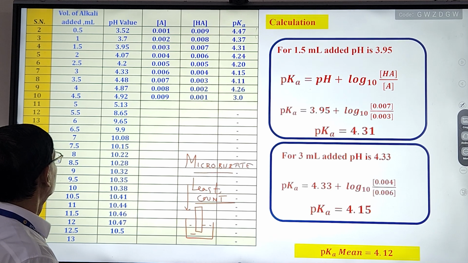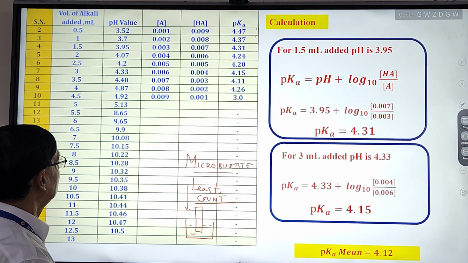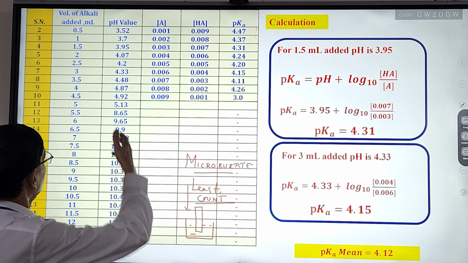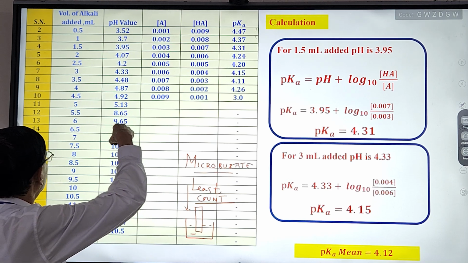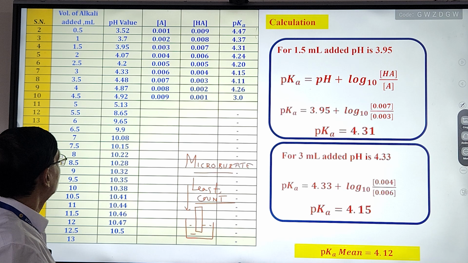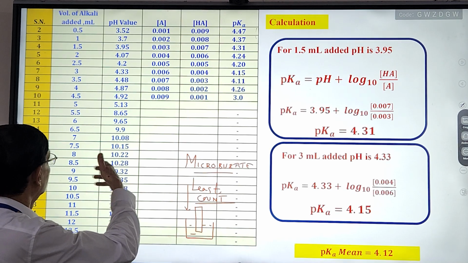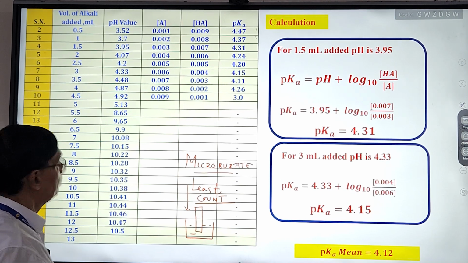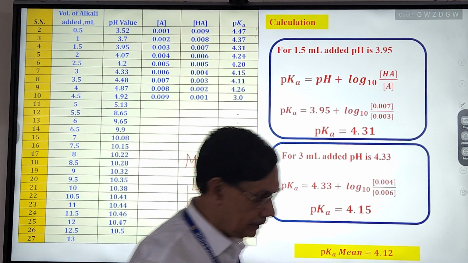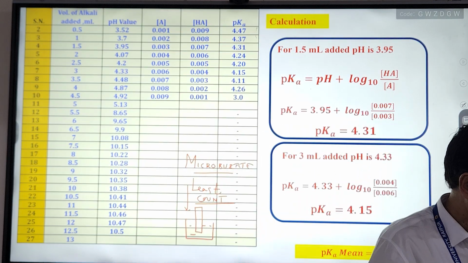Anyway, you are adding that alkali sodium hydroxide, and you measure the pH, and you have already written it in your practical record.